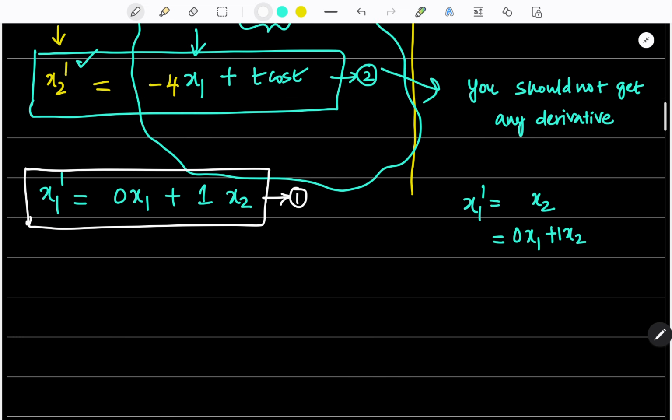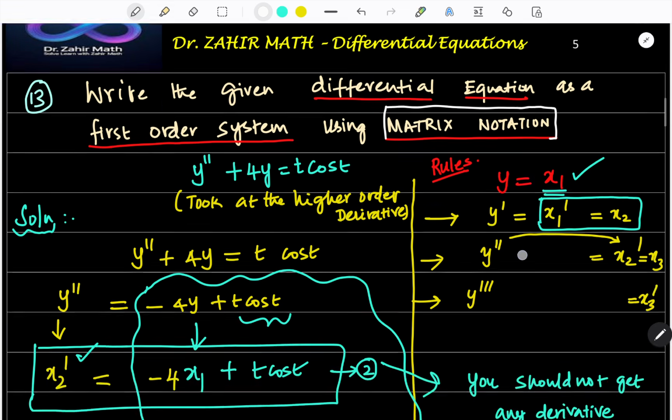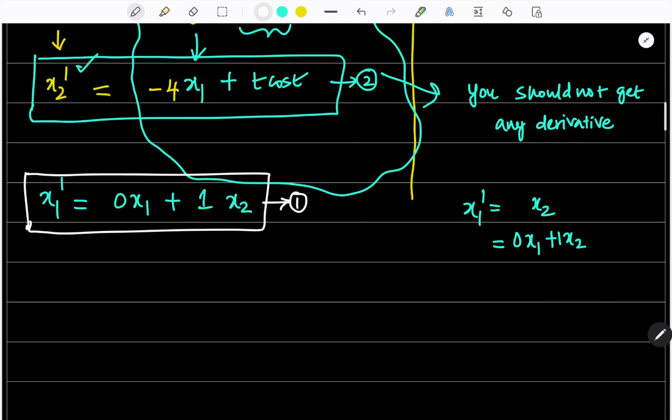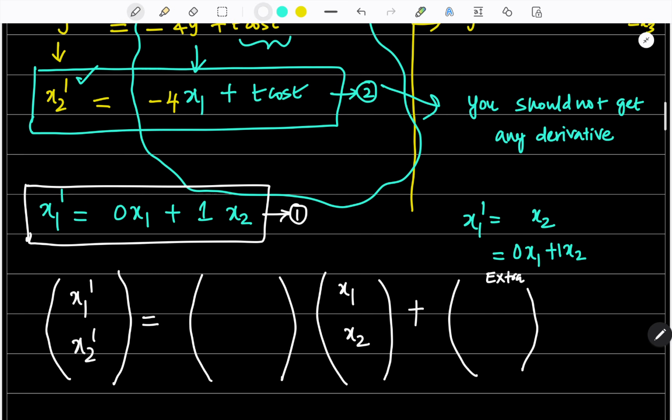Now the equations are ready. I'm going to write them in matrix notation, because they said to write it in matrix notation. On the left hand side I write x1 dash and x2 dash, which is equal to the matrix model with the variables x1 and x2, plus the extra fittings. Look at the first equation: 0 here and 1 here.